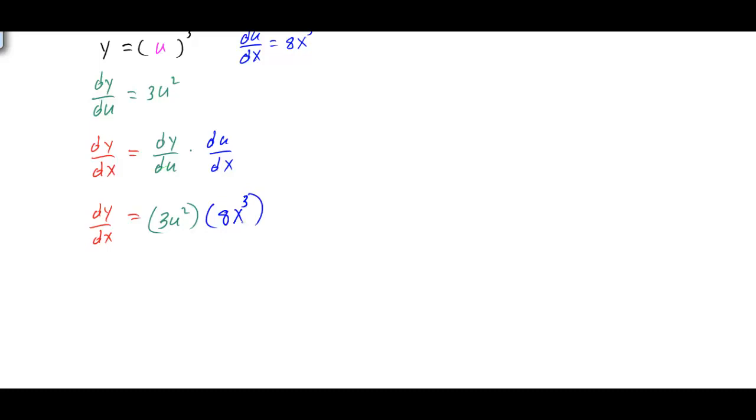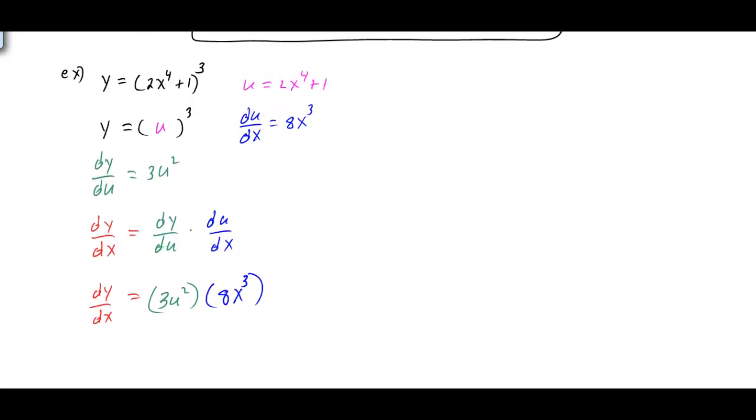Now, what's wrong with this example, or this form? Well, if you notice here, this answer has x cubed and u squared. Well, we want the answer to be strictly in terms of the variable x. So that means we need to resubstitute to get rid of the u. Well, if we go back up here, we said u was equal to 2x to the fourth plus 1.